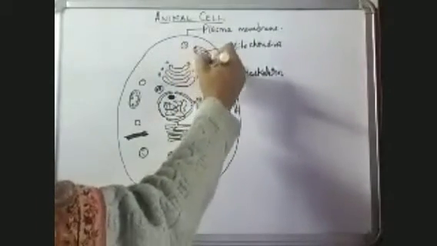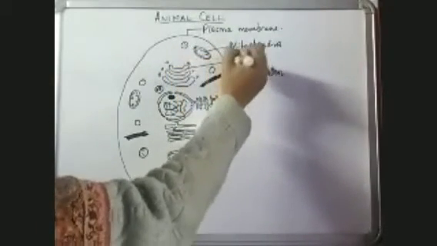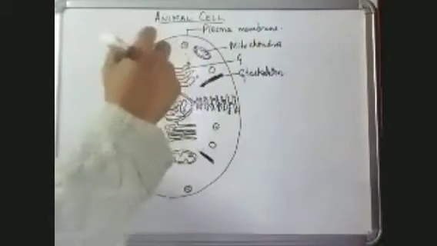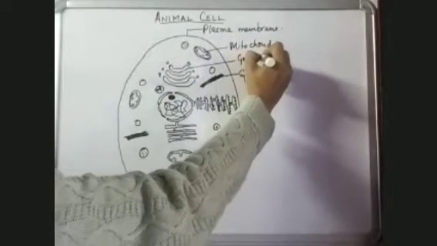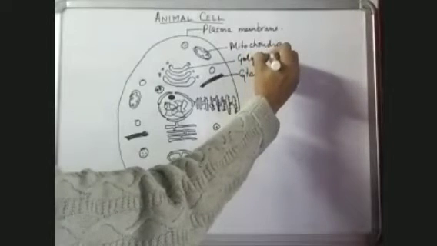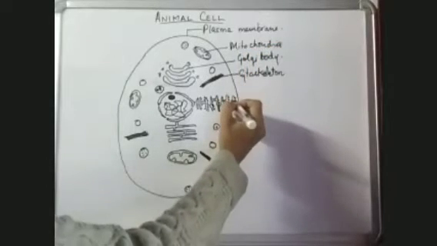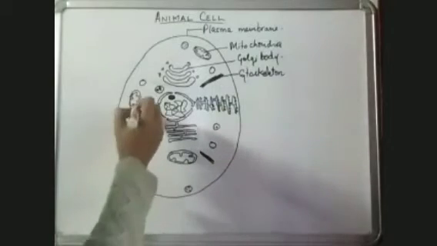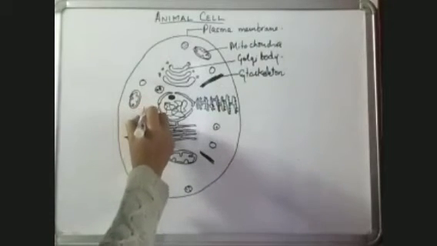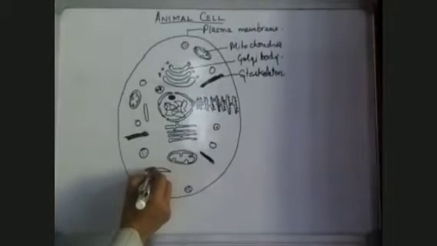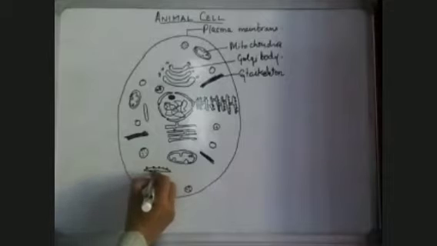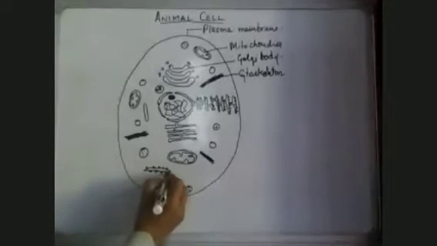These are Golgi complex, Golgi bodies. Then we can make some endoplasmic reticulum like this, placed here and there. Some of them have ribosomes on them. Some are without ribosomes.